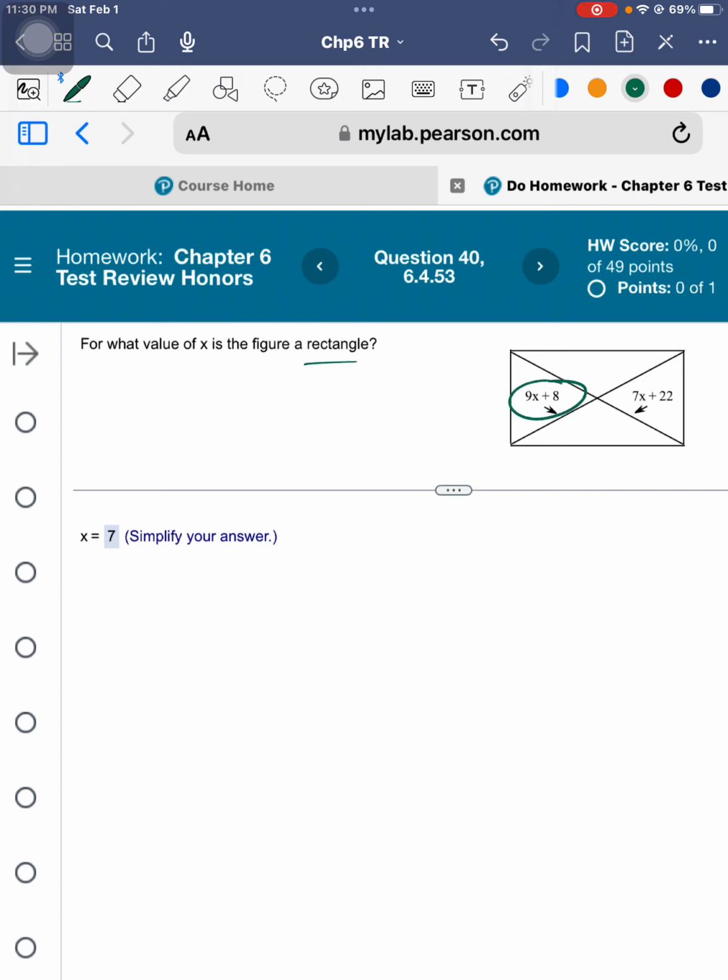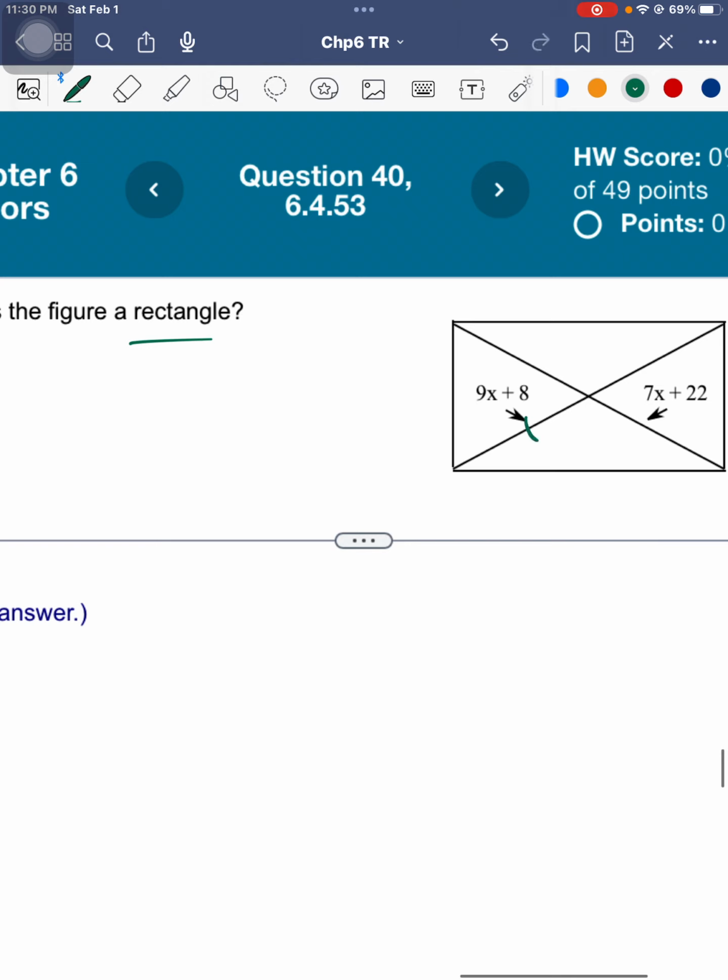All right, so for what value of x is the figure a rectangle? Well, a rectangle, and what are they giving me? They're giving me diagonal lengths. So what do I know about diagonals of a rectangle? They're congruent. So if they're congruent, then they're all the same.